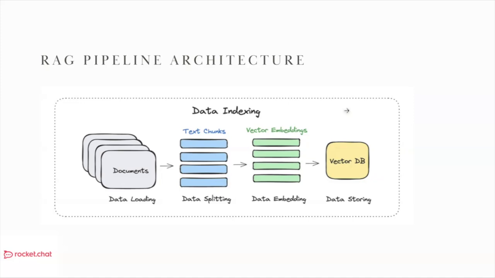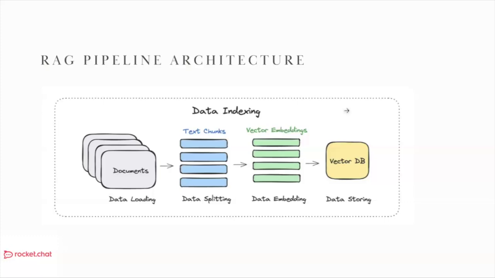Here's an overview of how the retrieval augmented generation, or RAG, pipeline works. First, here's the indexing process. We have the query from the user, and the bot will capture the query.